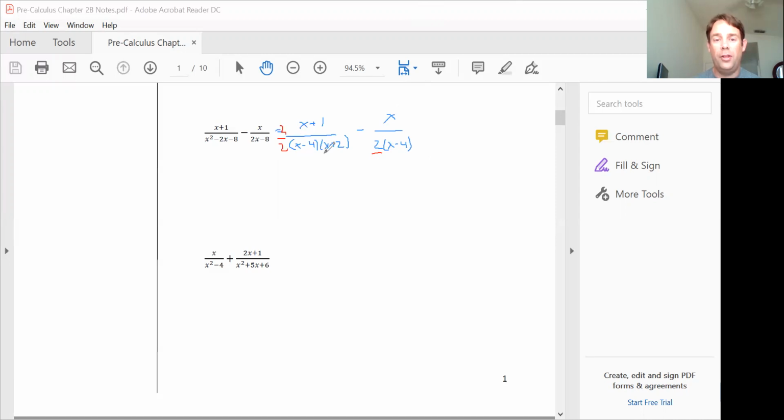This one is missing an x plus 2. So I'm going to multiply this one by x plus 2. And again, I'm going to distribute that negative in there. Be careful also when you distribute your 2 in there. Remember that this is technically in parentheses, so that 2's got to go into everything.